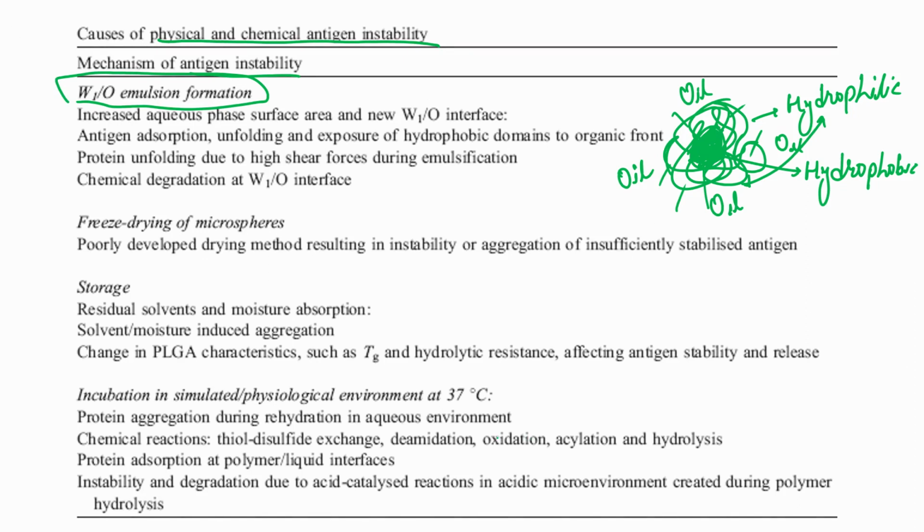Then what is done is, once these particles are formed, for storage purposes freeze drying is widely used. You are taking these particles and putting them through a lyophilization or a spray drying process, in which you are ensuring that all the water in the system is gone.